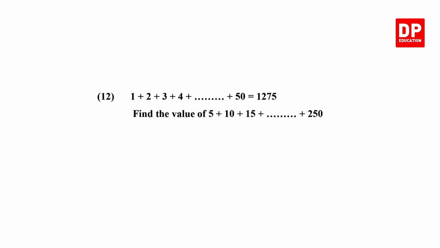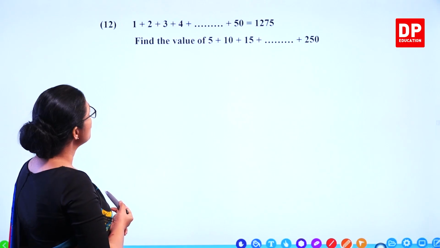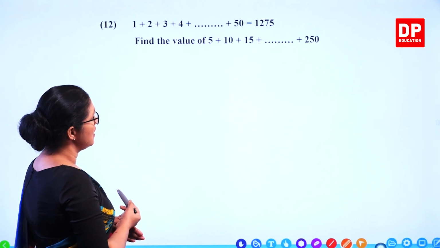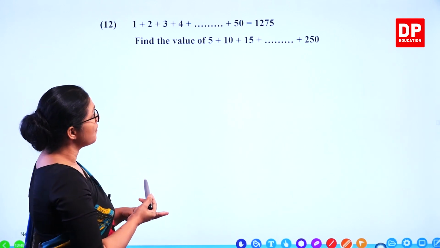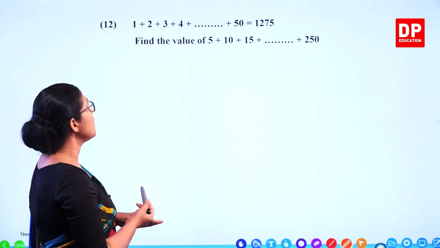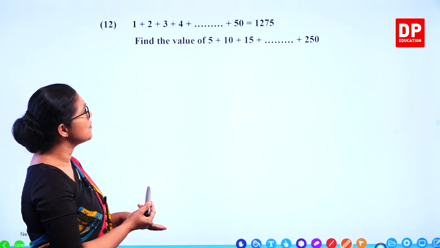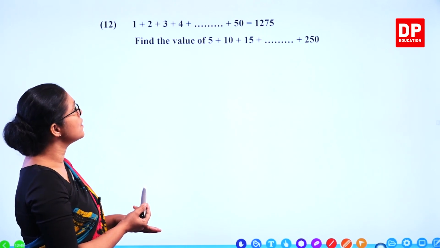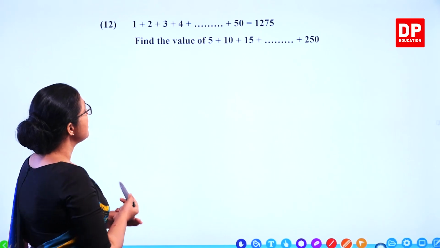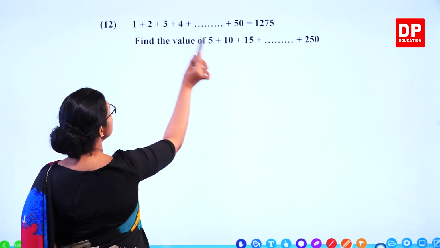Question number 12. 1 plus 2 plus 3 plus 4 up to 50 is 1275. Find the value of 5 plus 10 plus 15 up to 250. Look at the pattern. Each and every number is multiplied by 5.